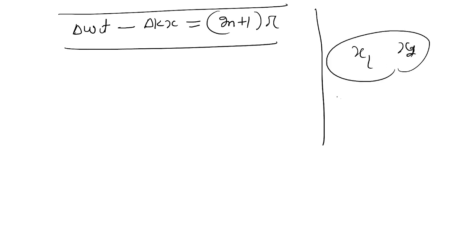Consecutive means one after the other. This is the first one, this is the second one. So first we put x1 here, and then x2.